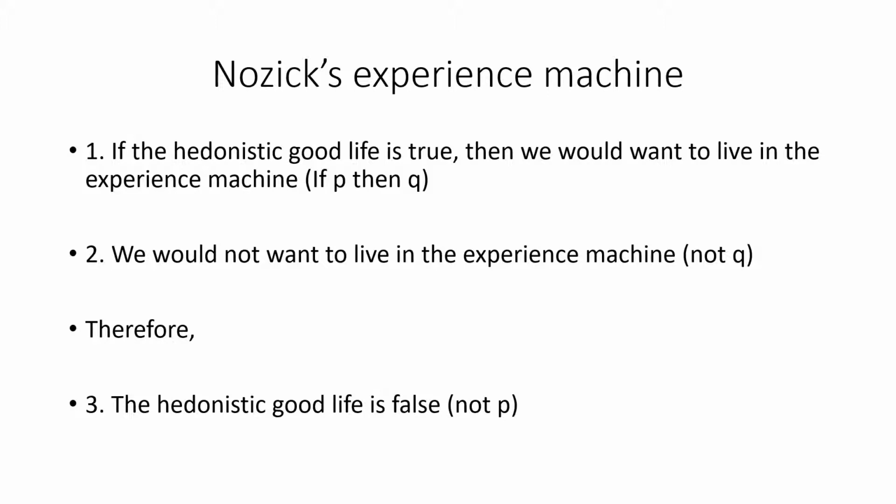So that's our if P then Q. Premise 2, we would not want to live in the experience machine, not Q. Therefore, the hedonistic good life is false, not P. So you can see how you can use thought experiments to draw conclusions by putting them into an argument. So this is another way a thought experiment can be used.